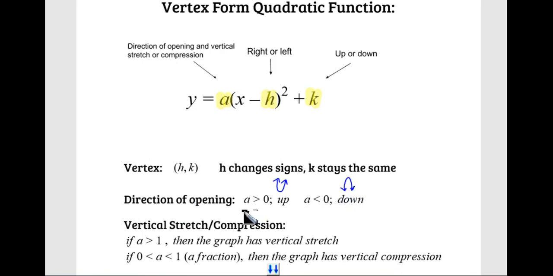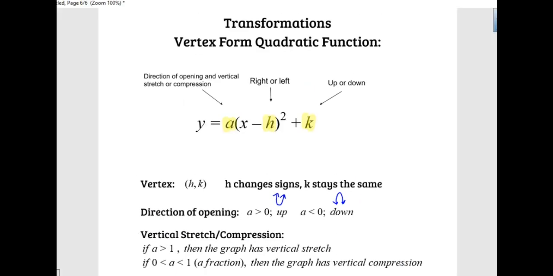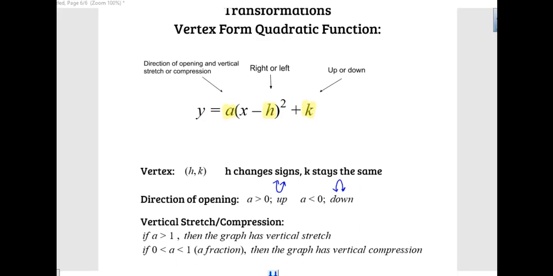Another thing that the a tells us is the vertical stretch or compression. Just to give you a visual, if the a is any number greater than 1, this could even be 1.1. It can have decimals as long as the number is still bigger. So if the a is bigger than 1, you're going to see a vertical stretch occur.